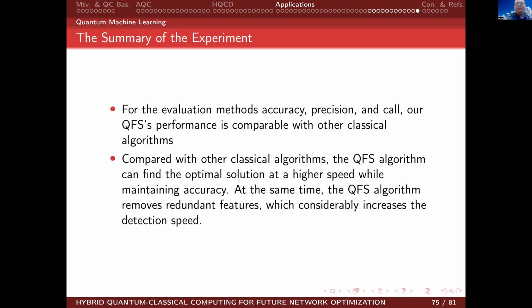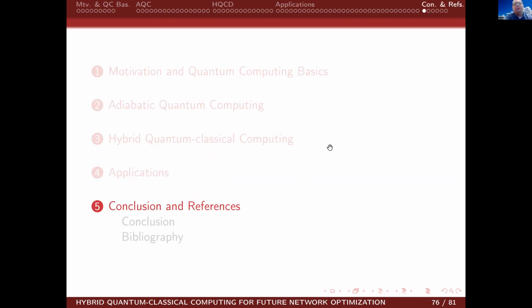At the same time, our quantum feature selection algorithm provides a better feature subset, or we remove more redundant features, and this helps to save the training time for the classification model. So we can make the conclusion.